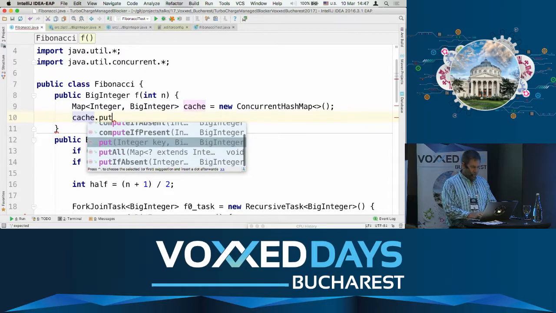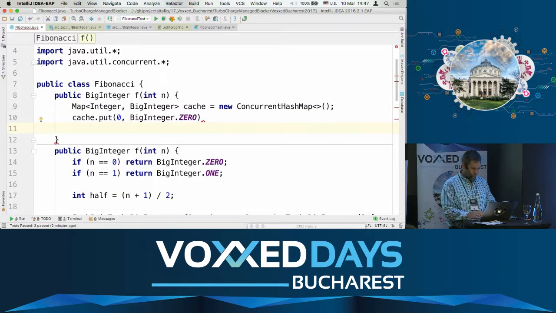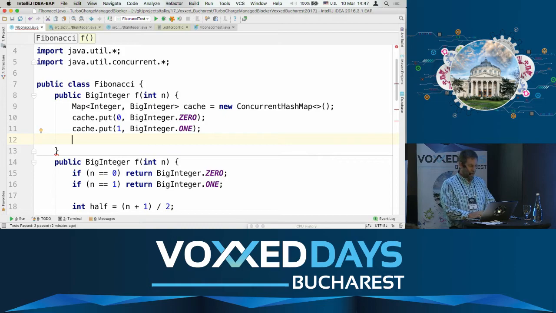Okay, so we're going to put in here 0, 0 and 1, 1. And then we're going to say return f of n, cache, where this is going to have also the cache here. So we're going to just use the int n, the cache.